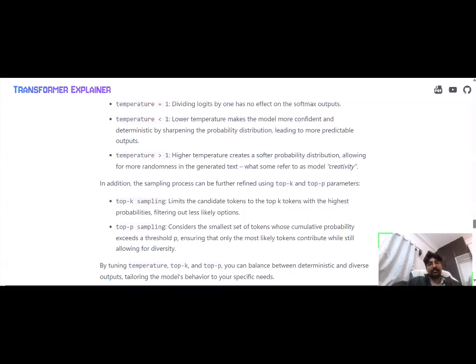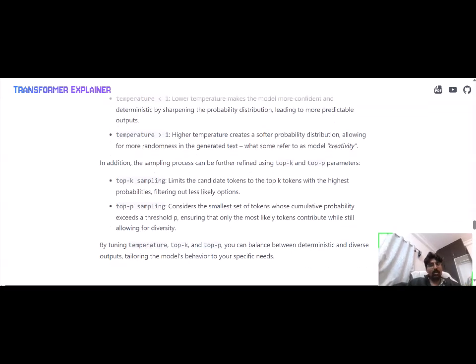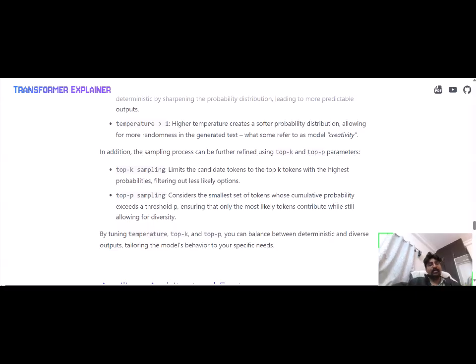Top-k sampling and top-p sampling are very important. For example, we have an output space of 50,257. We sort based on probability and then take only the top k tokens, which have the highest probability, and filter out the less likely options.